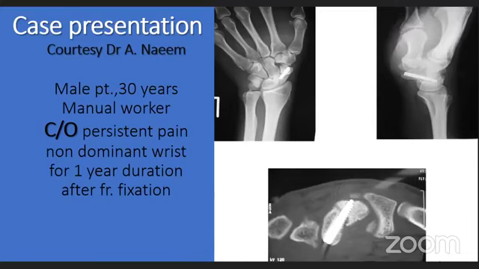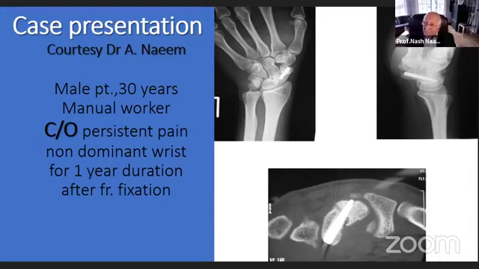Dr. Nashat, in your hands, is there a difference between vascularized versus non-vascularized grafts in such cases with the absence of AVN? For the last probably 15, 20 years, I've been doing all my bone grafts vascularized. Why?